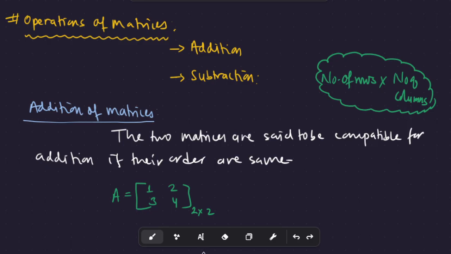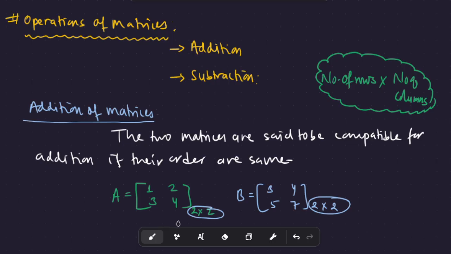Similarly, matrix B has 3, 4, 5, 7, also two rows and two columns. The two matrices A and B have the same order, so they are compatible for addition. Now we can add these two.